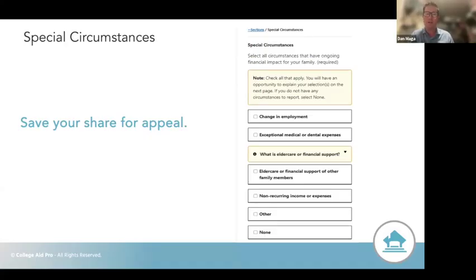So I think at the end of the day, you're better off keeping things to yourself, just clicking none, letting everything go through the process, getting the award, and then appealing to the university about your special circumstance, that you lost your job or your high medical expenses or whatever the case may be. I just think you've got a much better shot at getting more money from the schools when you're dealing with them directly, as opposed to putting any information in here and assuming that they're reading it and taking it into account.